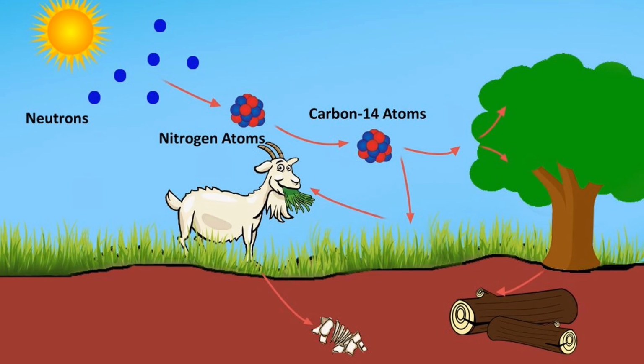But once they die, their remains, wood or bones, gain no additional carbon-14. At this point, carbon-14 can only be lost from those remains through radioactive decay. So absolute ages can be determined from the remains by looking at the concentrations of carbon-14 and nitrogen-14.